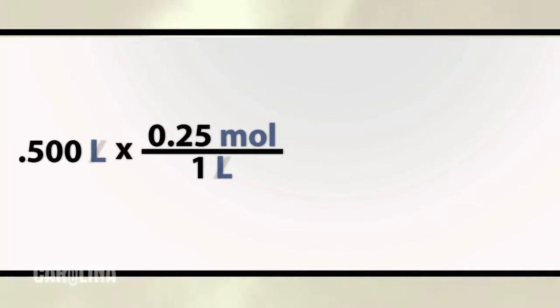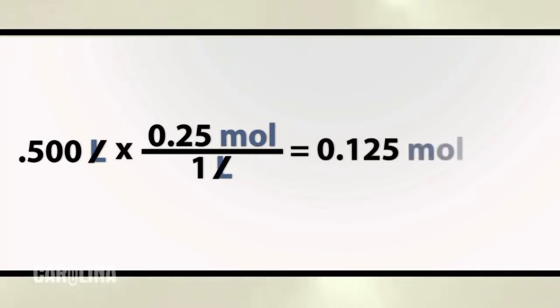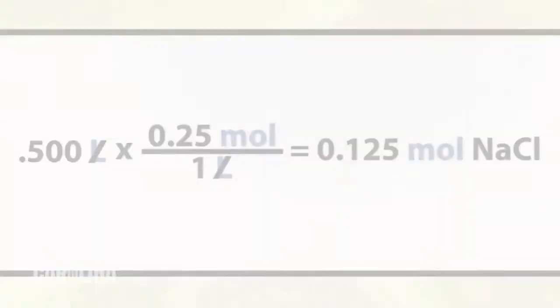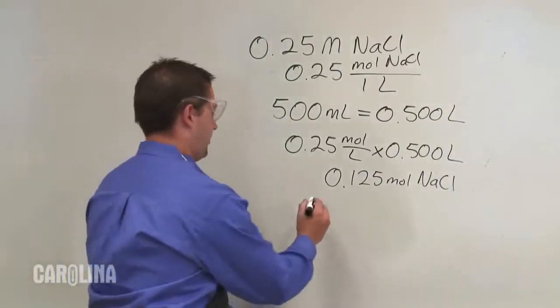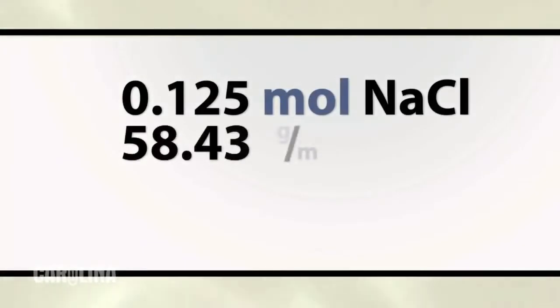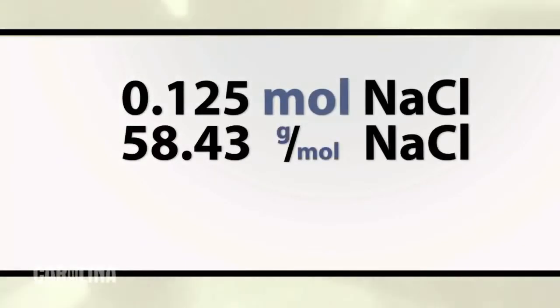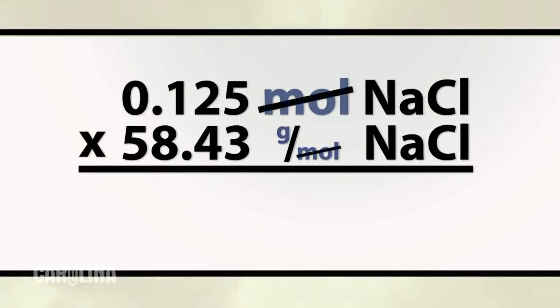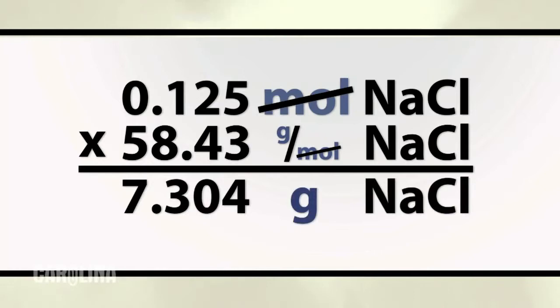If we multiply these two terms together, we can see that we will need 0.125 moles of sodium chloride. From earlier, we can remember that there are 58.43 grams per mole of sodium chloride. We can determine that the exact mass that must be measured out is 7.304 grams of sodium chloride.